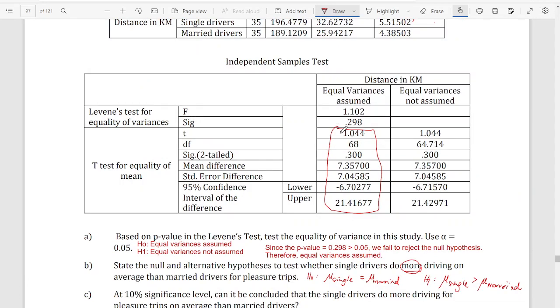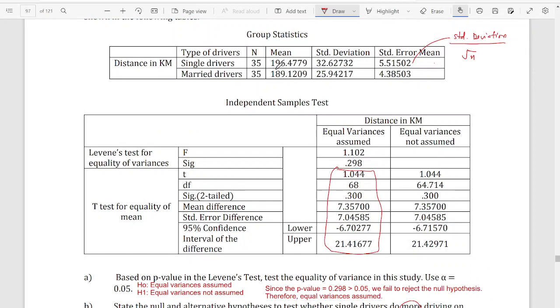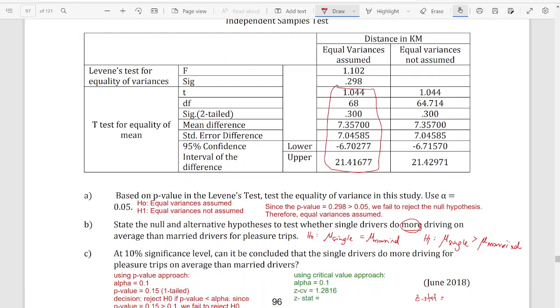Okay, what is the difference here? So kena dapatkan dia punya difference lah. So you have to calculate the difference. So in this case 196.4779 minus 189.1209. Okay, so that is the difference. Okay, saya kena tulis kat sini.